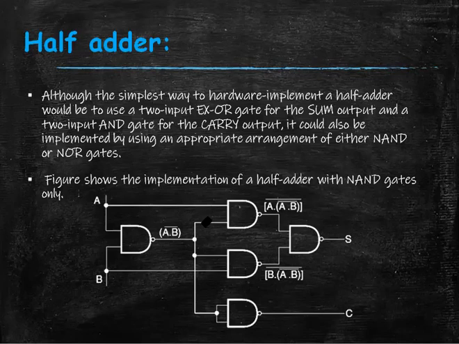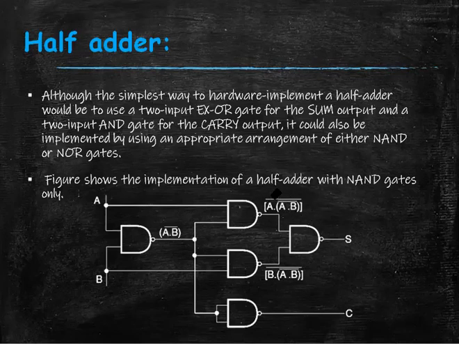In the upper side, one of the inputs of the upper NAND gate is A, and the second is (AB) bar, and for the lower NAND gate one of the inputs is (AB) bar and the second is B, and here there are two inputs as this one.